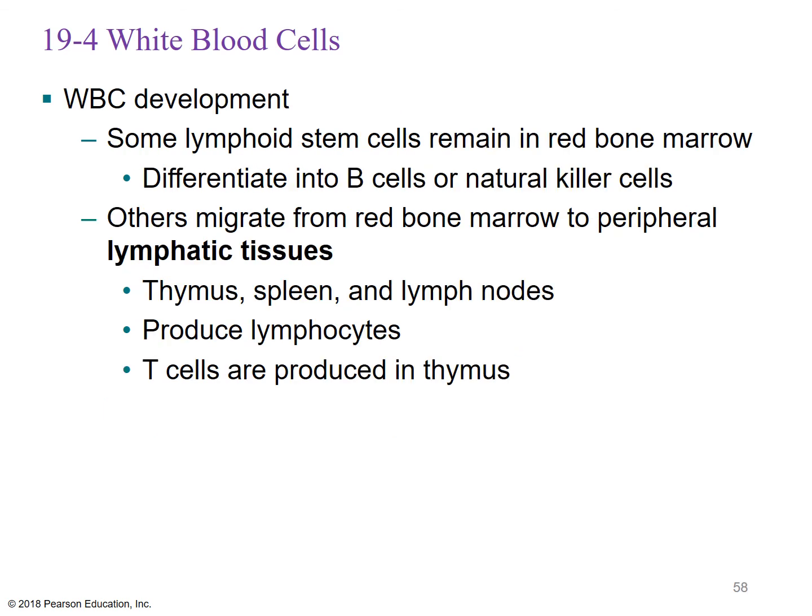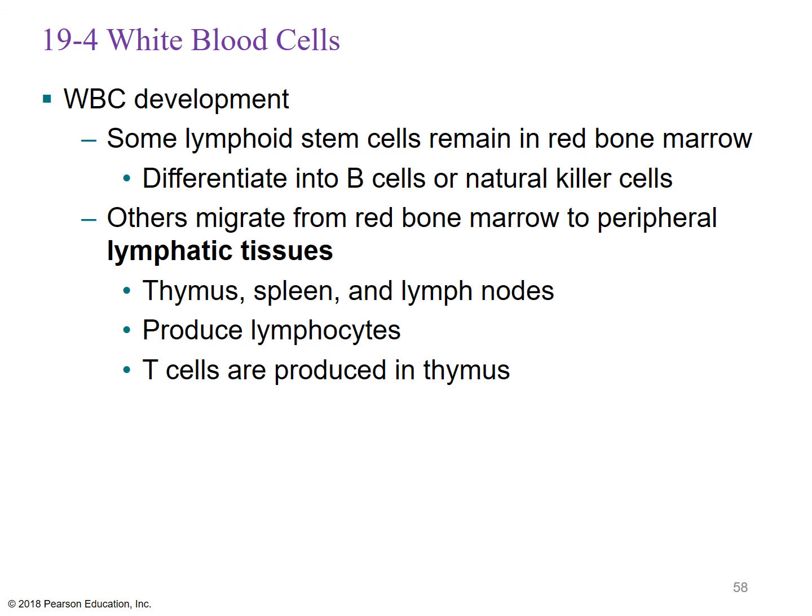White blood cell development: we have some lymphoid stem cells that will remain in the red bone marrow that differentiate into B cells or natural killer cells. Others will migrate from the red bone marrow to the peripheral lymphatic tissues. The thymus is very important, incredibly important.